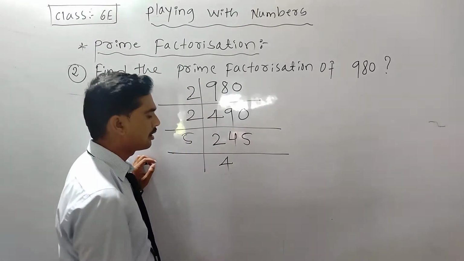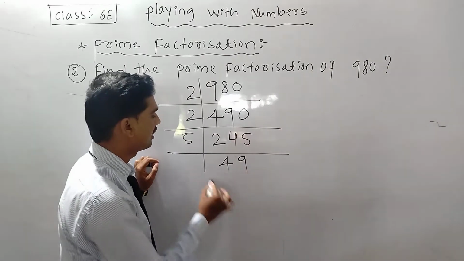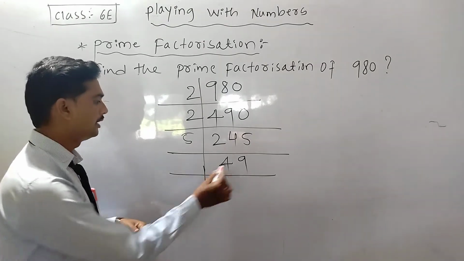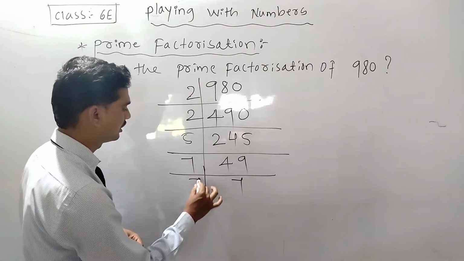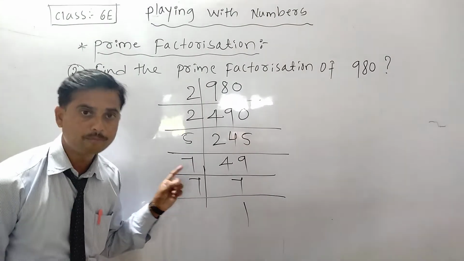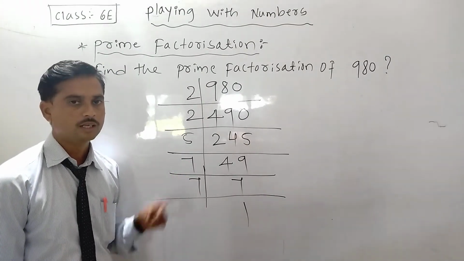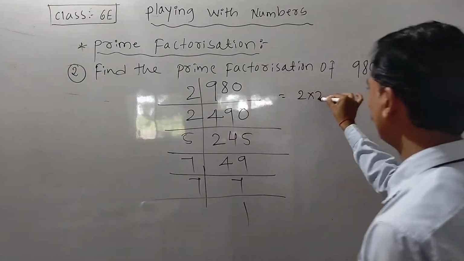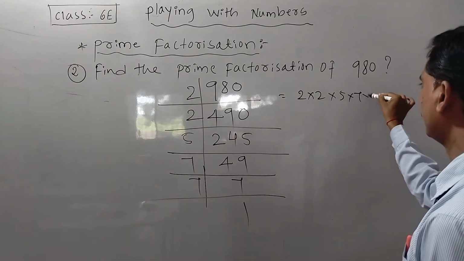5 fours are 20, 5 nines are 45, and 7 sevens are 49, 7 ones are 7. Because 7 is also a prime number. Okay, 7 is also a prime number, and the remaining you have to write here: 2 into 2 into 5 into 7 into 7.